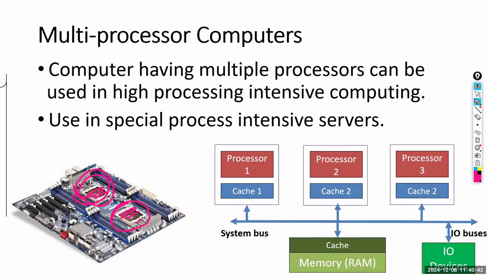So physically different processors. Those kinds of approaches are used in very high-end computing, like very critical process servers and so on. That is called multi-processor, not multi-core.